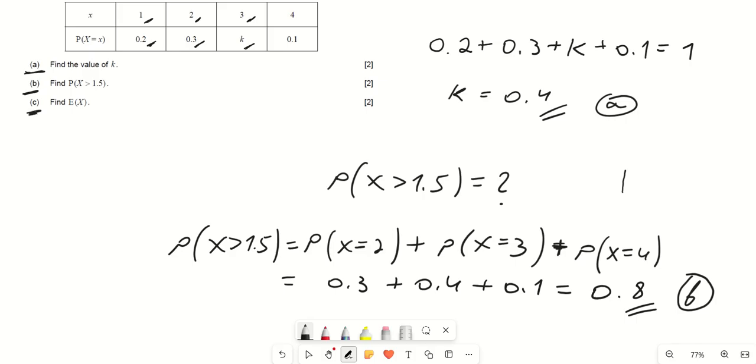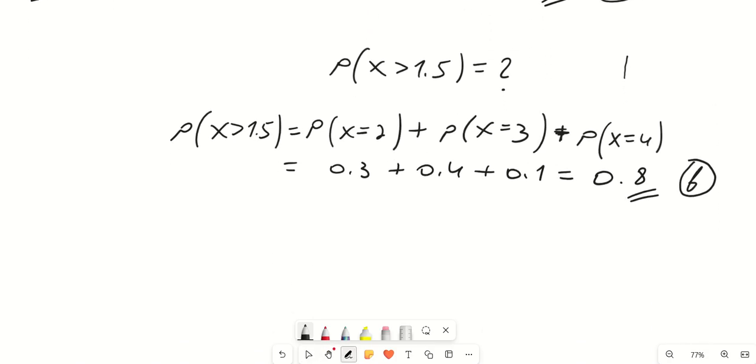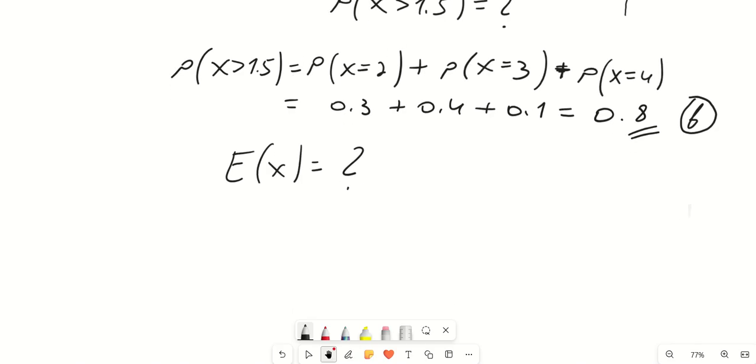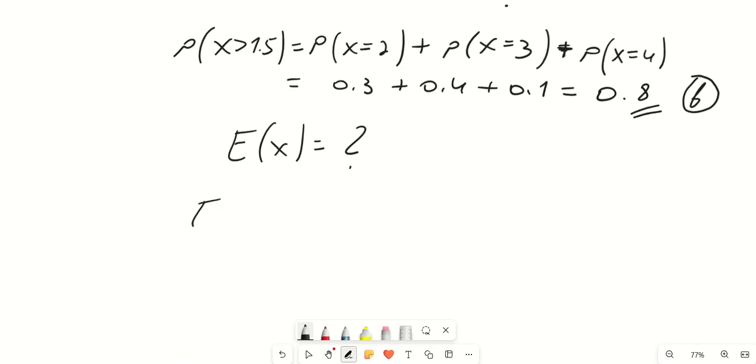Moving on to C, we have to find the expected value of x. The expected value is like the mean, and there is a formula for it.